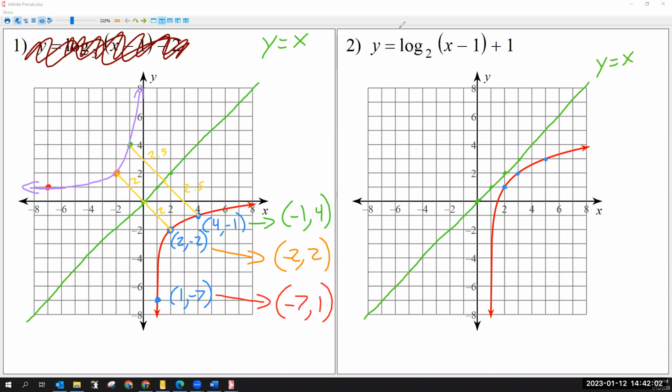Coming down here, it's kind of hard because it just kind of stays on that line, but say it's pretty close to that. All right, so that's 2, 1, 3, 2, and 5, 3. And down here we had 1, -6.